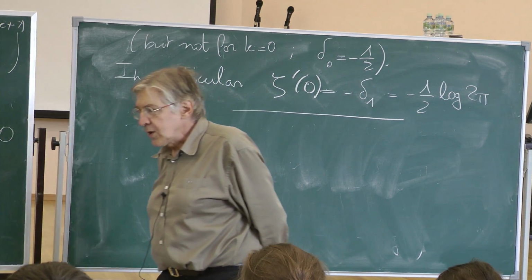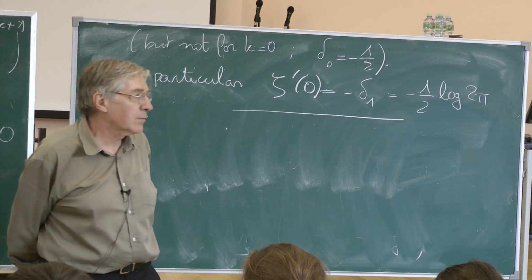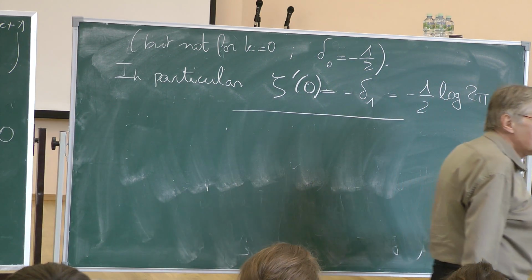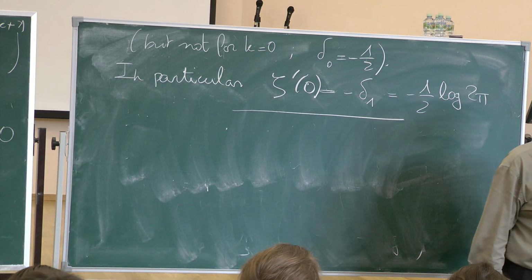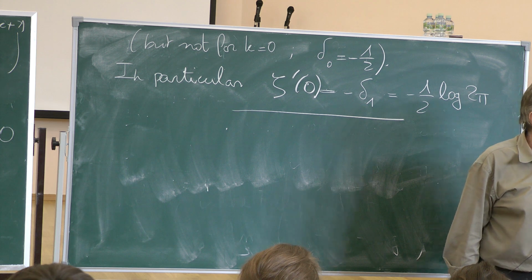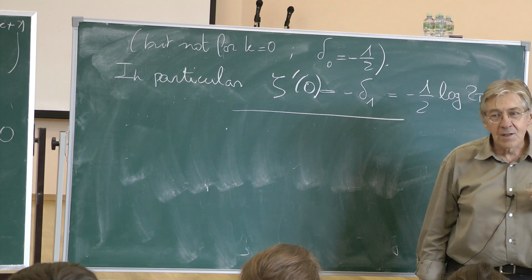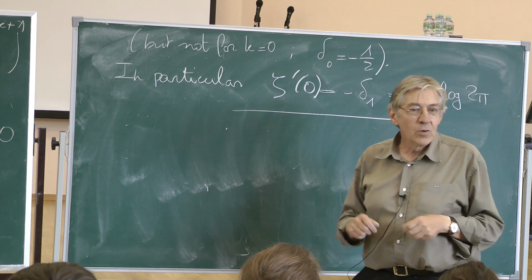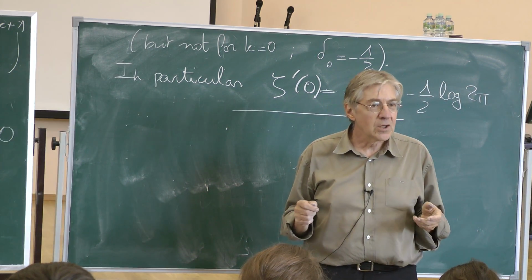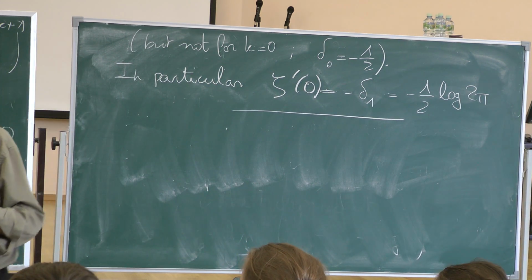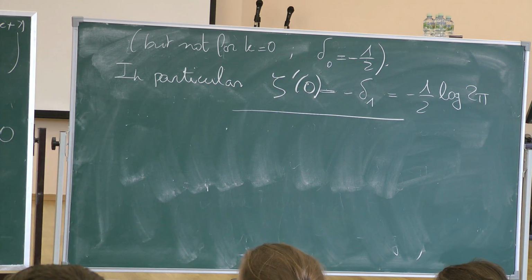The reason why I choose this proof is because I have in my head to go at some moment to generalizations of the Riemann zeta function, which are the multiple zeta functions. The proof which I will give you generalizes with no difficulty to the general case. So we have to choose, among all proofs that exist, one which can be generalized.